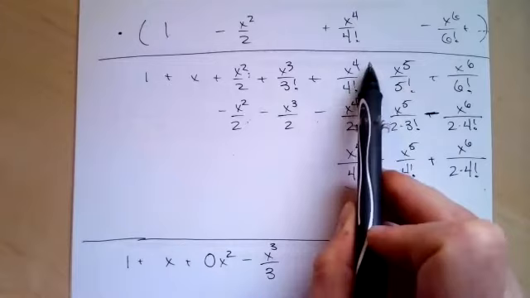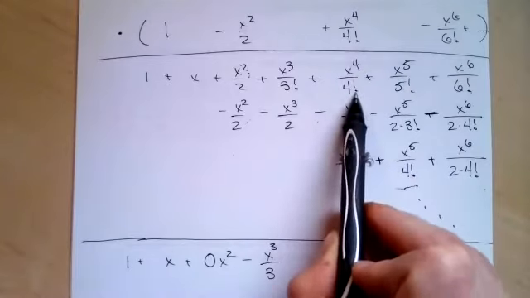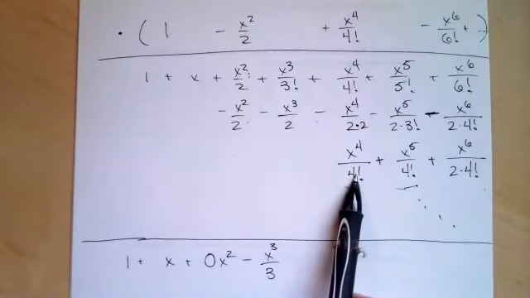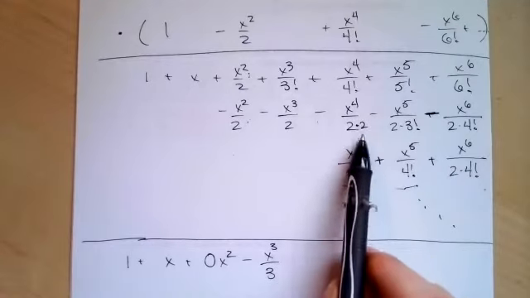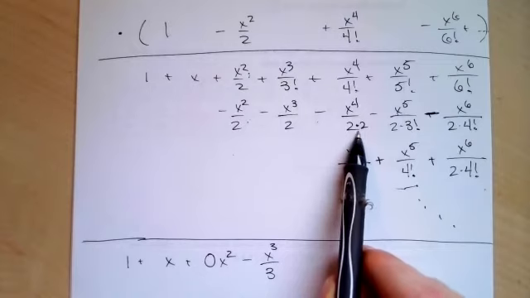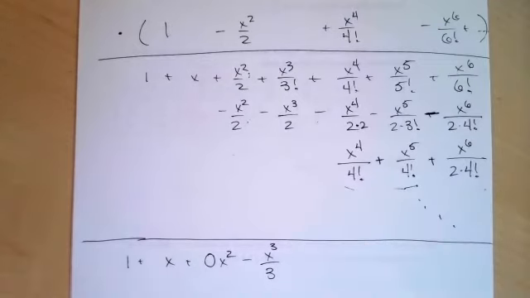So we've got a positive x to the 4th over 4 factorial, another x to the 4th over 4 factorial, minus x to the 4th over 4. So we know it's going to be x to the 4th. Let's work out the denominators.